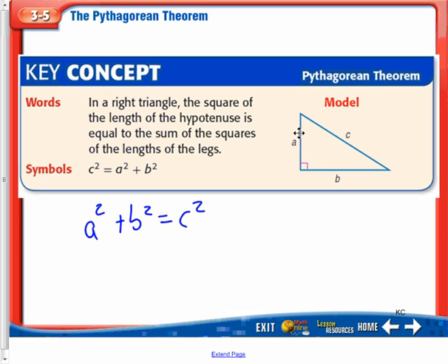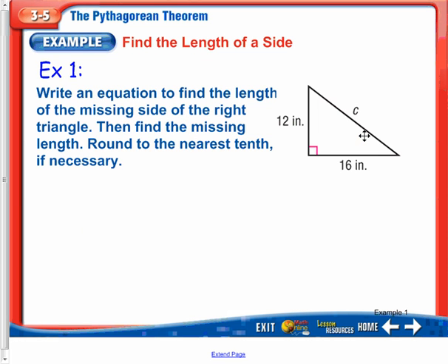So a, we're going to take that number and square it, plus the square of your other leg, and then the sum of those two squares is going to equal the square of the hypotenuse, which is always c. So we can use these relationships to help find the missing leg or hypotenuse of a right triangle.